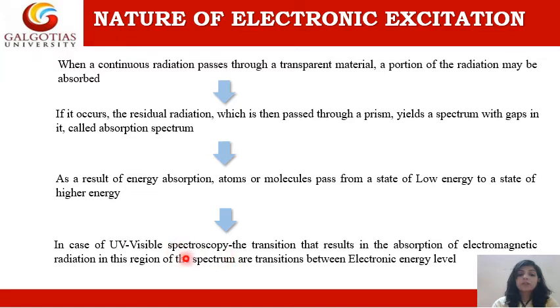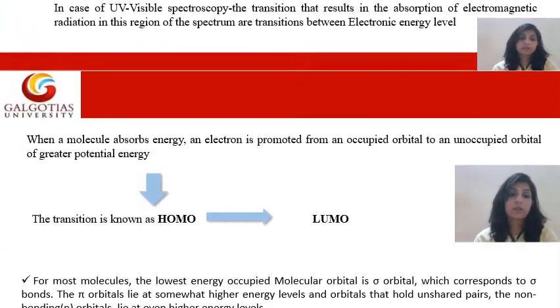In case of UV visible spectroscopy, the transitions that result in the absorption of incoming radiation in this region of the spectrum are the transitions between electronic energy levels. So we can say that UV visible spectroscopy involves electronic level transitions.